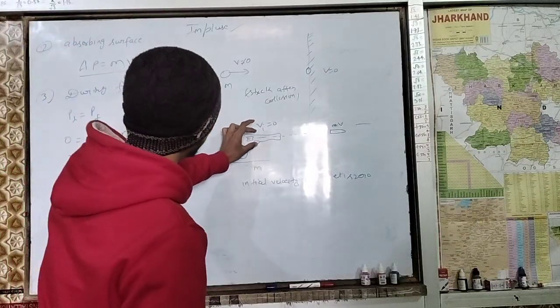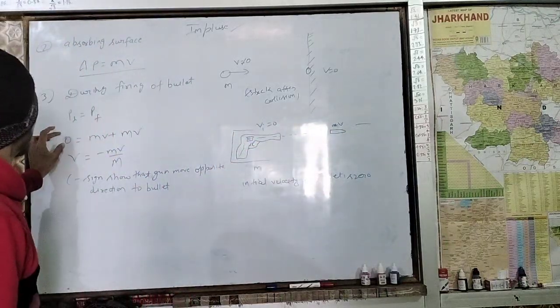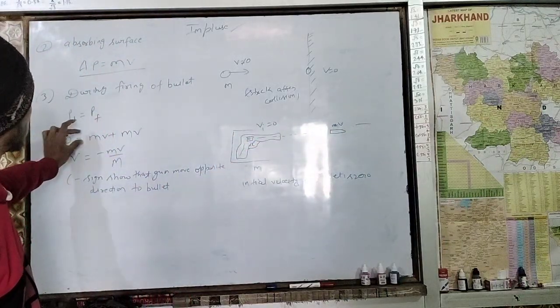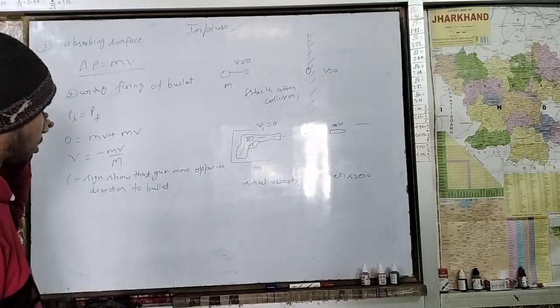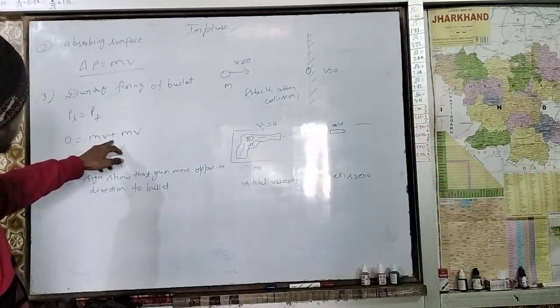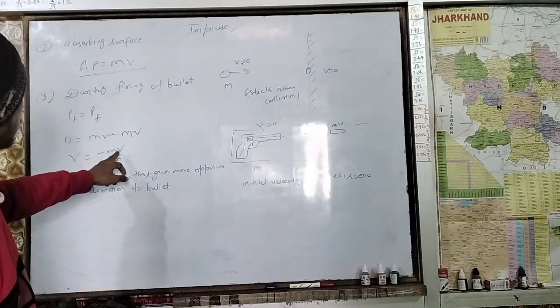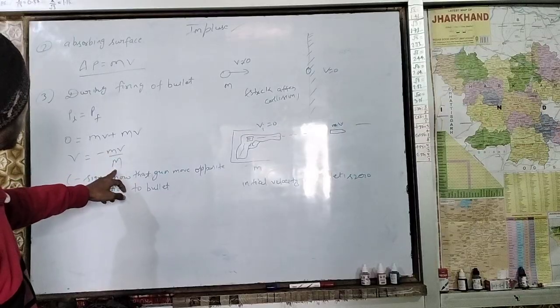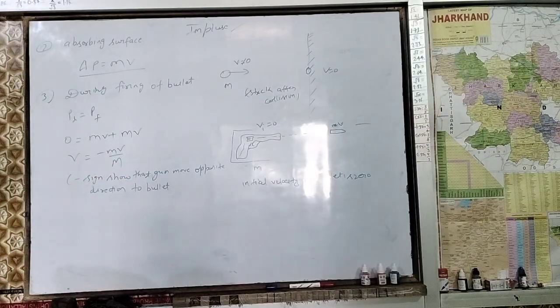Initial momentum of this bullet was over here, but final this will be equal to 0. 0 is equal to m_b v plus m v again, final plus initial. V is equal to minus m_b v upon m. Sign is for opposite direction.